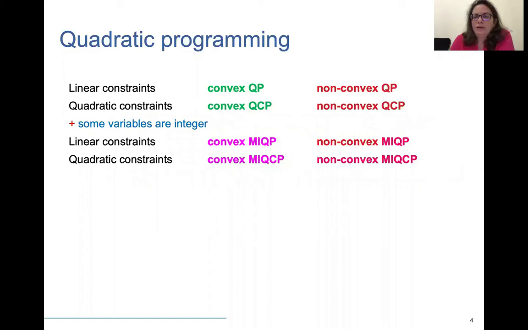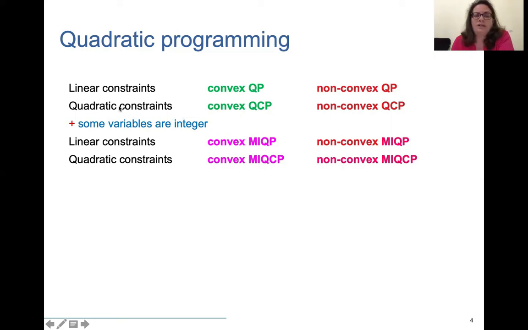So here I just recall briefly the taxonomy of quadratic programming. So we have the case where you have linear constraints, a quadratic objective function and continuous variables. This is named convex QP in general, if the quadratic form is convex, and non-convex QP otherwise.